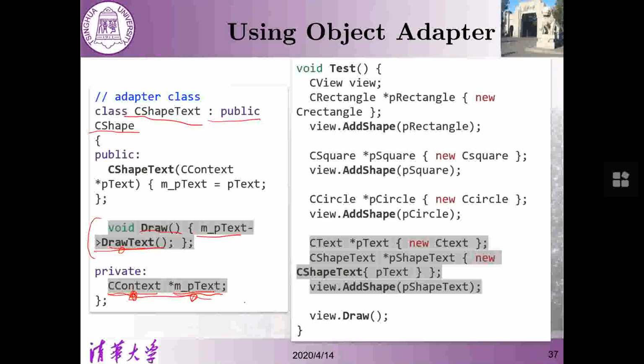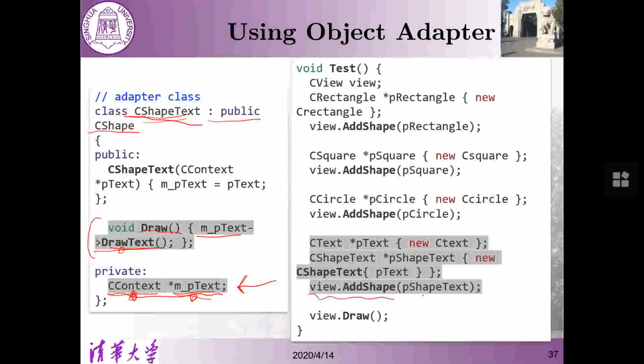We adapt the text drawing classes into the viewer system, because we have this C shape text, right? Then this C shape text can be added into the viewer, right?